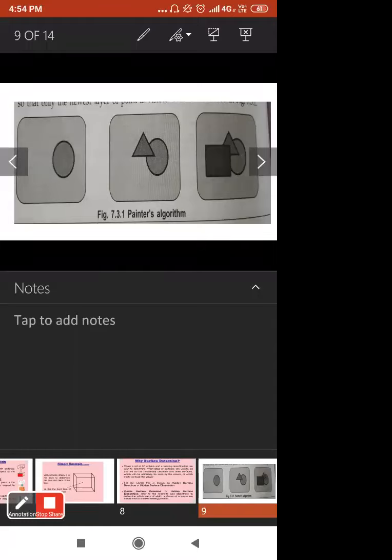And something more about this Painter's algorithm: it gets its name from the manner in which an oil painting is created. The artist begins with the background, then adds the most distant object, and then the nearer object, and so forth.